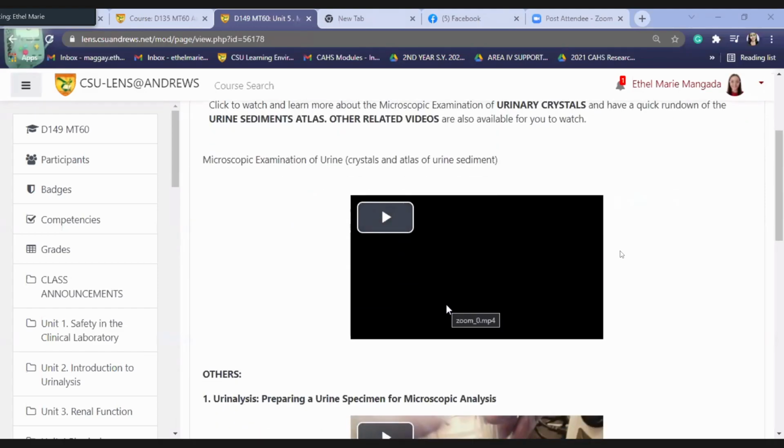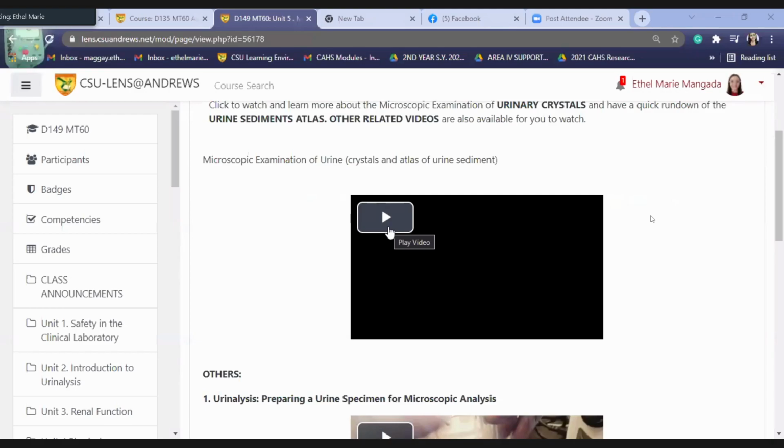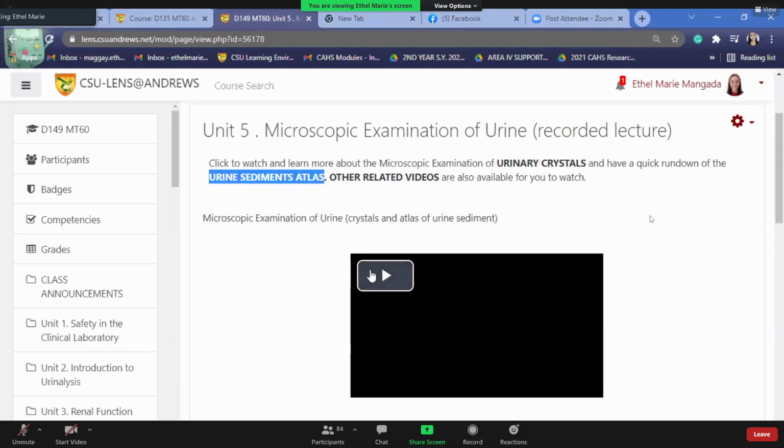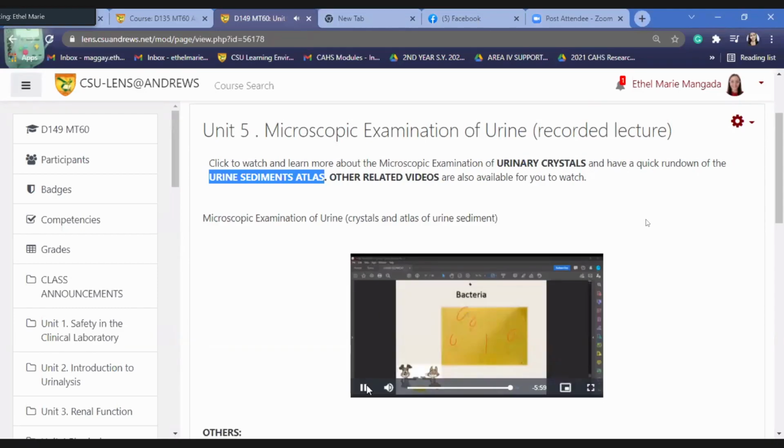Kahit kayo 3C, kung may vacant na kayo mamaya or sa ibang araw, pakipanood po ito kasi dito po sa lecture na to, andito po yung presentation nung urine sediment atlas. So other than the pictures po na nakikita nyo dun sa libro nyo, this video contains then yung discussion nung mga pictures na to, urine sediment atlas. So panoorin nyo to, guys.